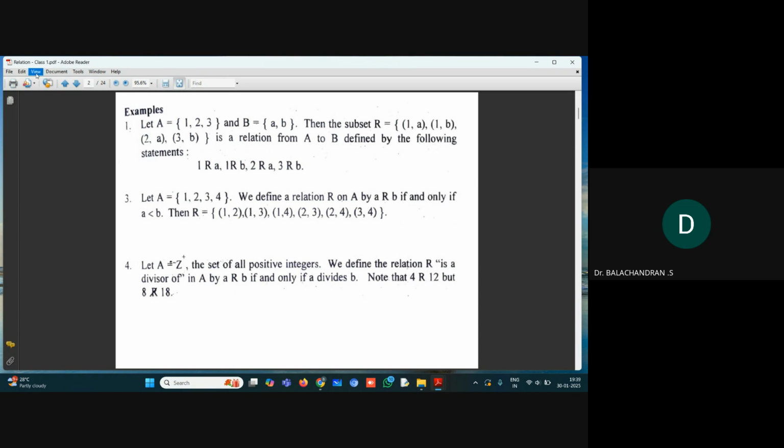Here you can see, let A be the set {1, 2, 3}.